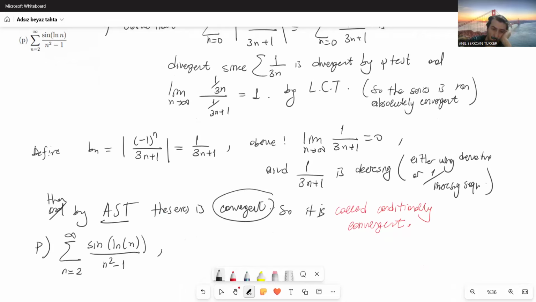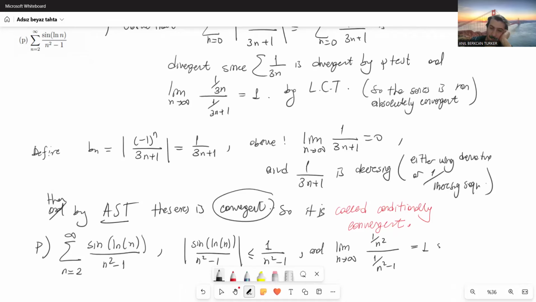I'm going to show that this series is absolutely convergent. 1 over n squared minus 1, and as n goes to infinity, the limit of 1 over n squared minus 1 compared with 1 over n squared is 1, and the series of 1 over n squared is convergent by the p-test.